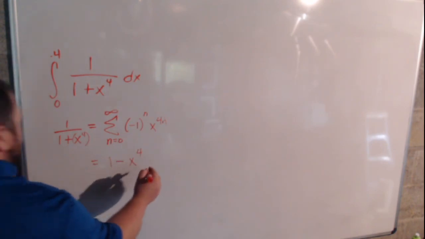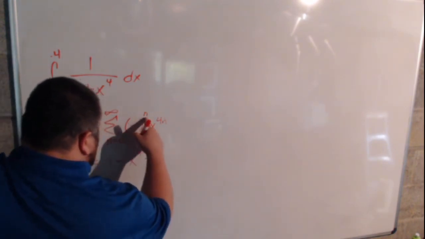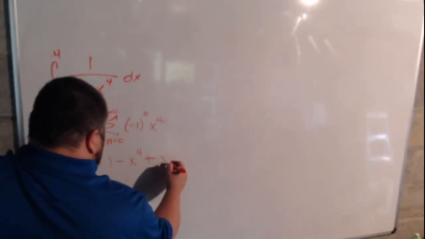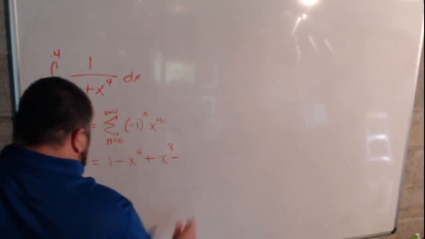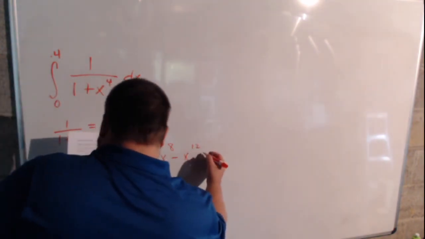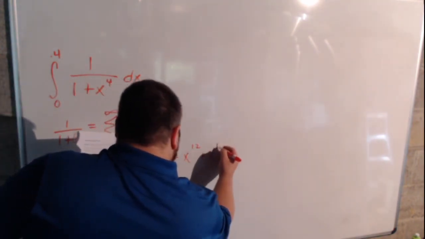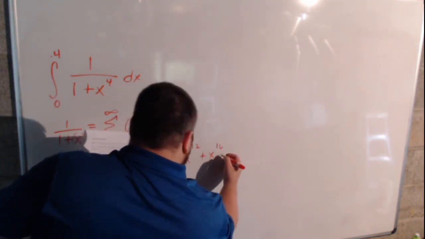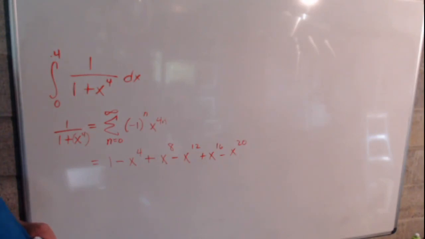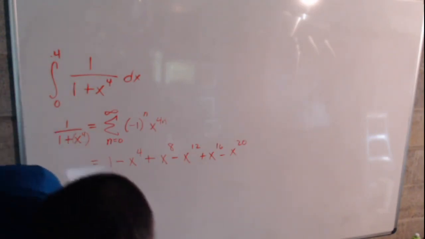When n is 2, we're going to get a positive, because -1 squared is positive. X to the 4 times 2 is x to the 8th. And I'll just jot down the rest. You should hopefully see the pattern. Right, it's given to you by the summation. That is the first 6 terms of that power series.